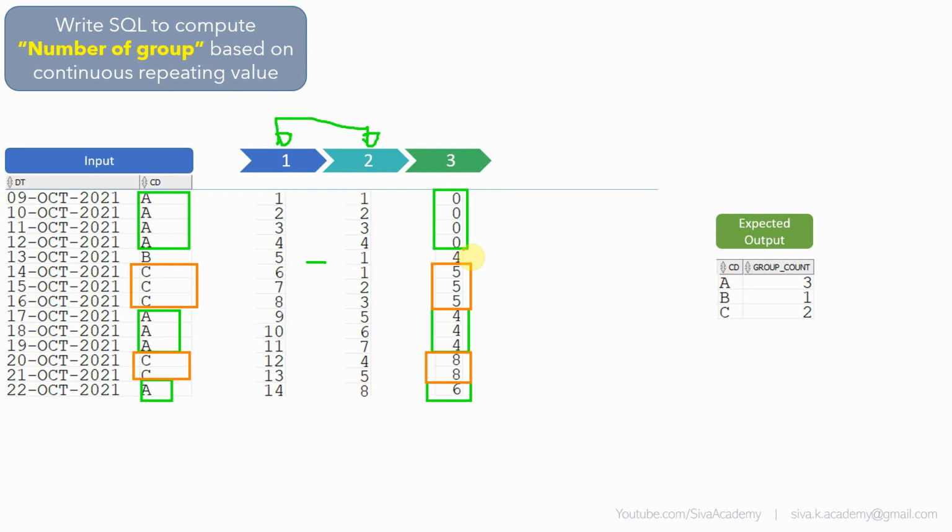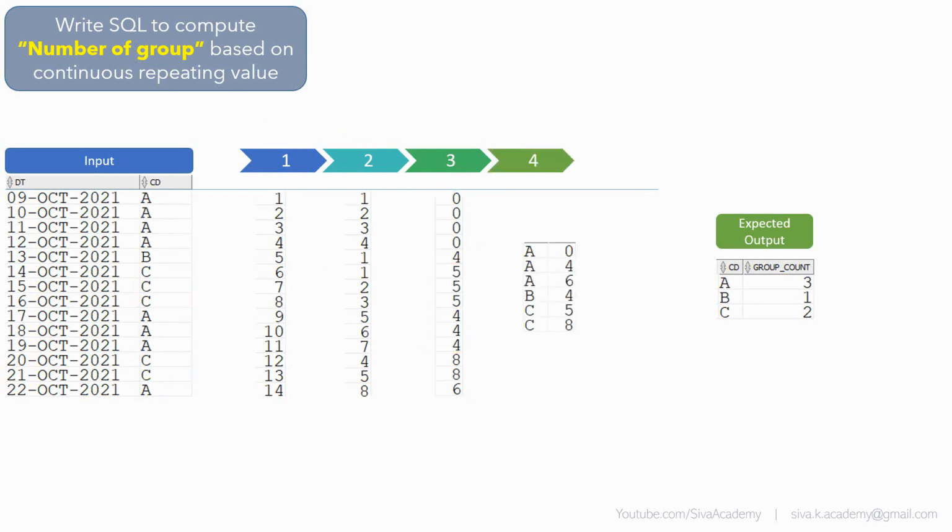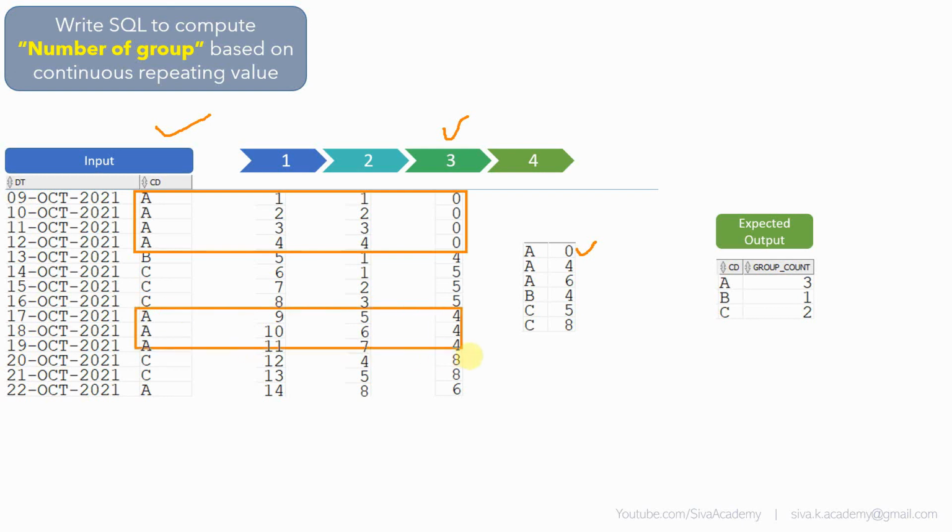As part of the fourth step, I'm going to take a distinct of this set, for example A0, only the code column and what we computed in step 3. The remaining columns are not needed. All those are just temporary intermediate values. So for A0, you just take one value. Basically we are going to use a distinct to eliminate the duplicate records. Similarly for A4, I'm taking A4.